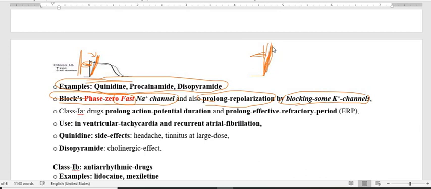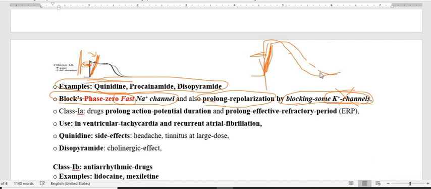Initially the repolarization phase was like this. Why does the repolarization get prolonged? Because the drug also inhibits the escape of potassium ions from the potassium channel, therefore giving rise to prolongation of repolarization.